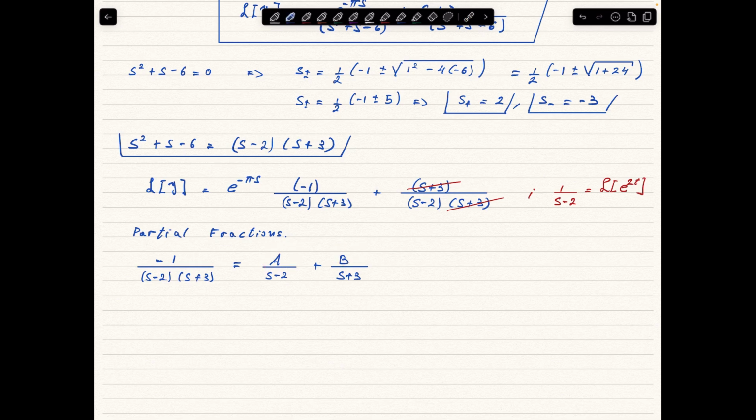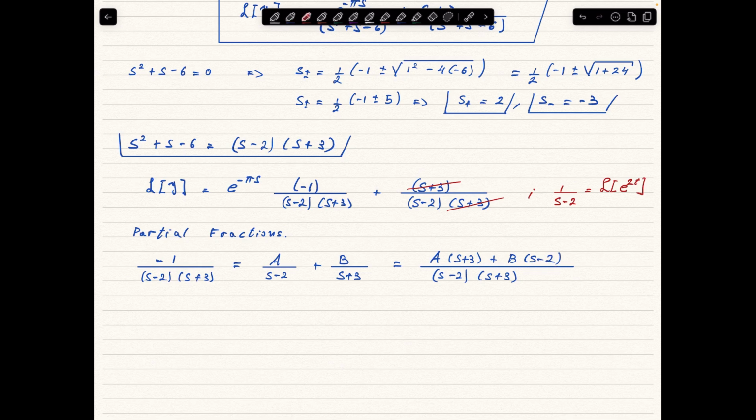Well, in the usual way, we redo the sum. So we go back to (s minus 2) times (s plus 3), and in the numerator we are going to have, of course, a multiplied by the other factor, s plus 3, and here b times (s minus 2).